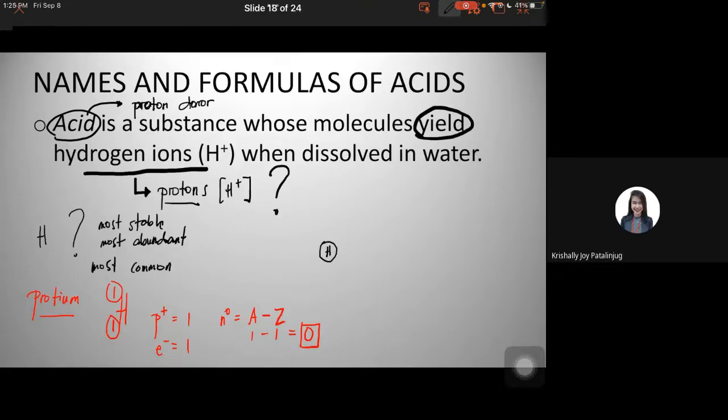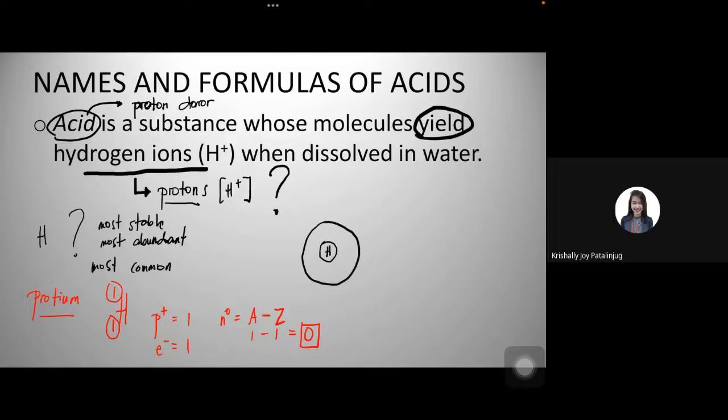So when we draw the atomic structure of hydrogen, let's say this is the nucleus of hydrogen. What surrounds the nucleus are electrons. Where can we find electrons? In atomic orbitals. We define atomic orbitals as the region in space around the nucleus where there is the highest probability of finding an electron. For hydrogen, since it is found in period 1, look at your periodic table, it has only one shell.